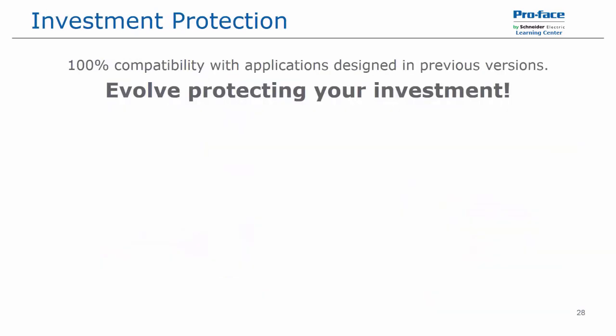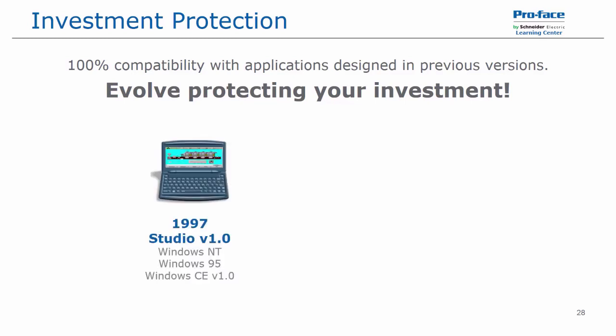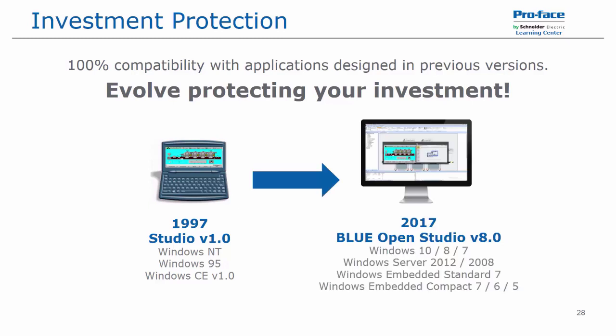Blue Open Studio has been around for quite some time and came to ProFace America through an acquisition. There is 100% compatibility with applications that are designed in the previous versions. So if we look at an application that's designed in 1997 in Studio 1.0, running on, say, Windows 95, we could open that in Blue Open Studio version 8, 20 years later, running on the current Windows operating systems and have no issues opening or running the application.